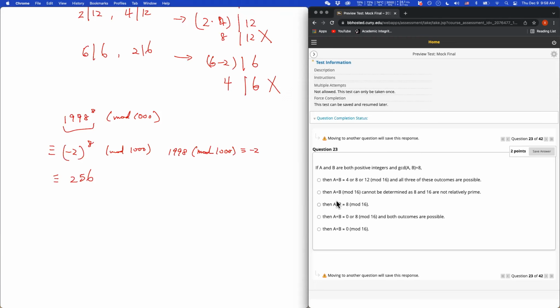Now, if you look at this, it says cannot determine because A and 16 are not relatively prime. Well, 16 is also a multiple of 8. The next one has A plus B congruent to 8 mod 16. Well, not only 8 mod 16, it can also be 0 mod 16. You can also get 16 if A and B are both 8, which also has GCD of 8.